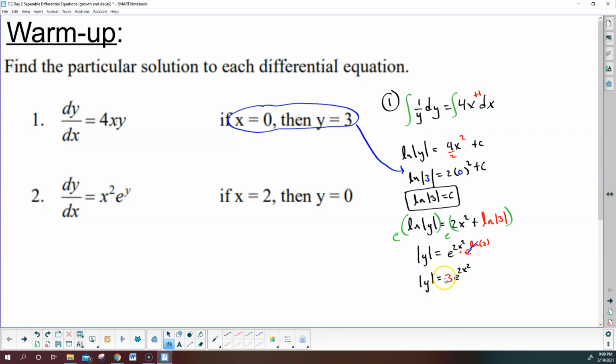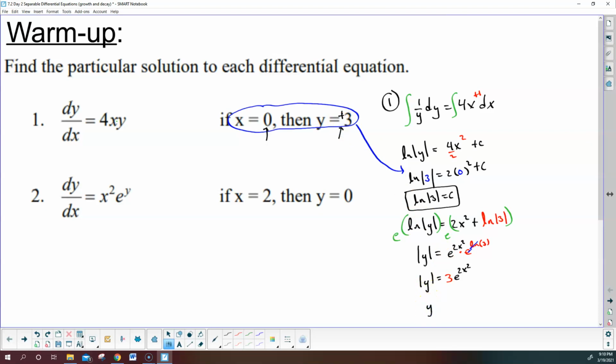Well, which value is this going to be? Is it a plus or minus? And it all depends on the output. So think about when x equals 0 goes in. If I put 0 here, I get 2 times 0 squared is 0. So e to the 0 is 1. So I'm left with a positive 3. And I want this answer to be positive 3.